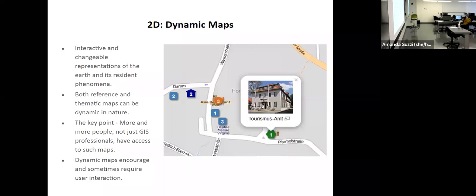I'm not sure if the Boston Marathon uses it, but they'll give you a tag where you can watch a runner and see where they are in a race, which is cool. Lots of other dynamic maps. Think of airline flights, those are dynamic maps. Even the space map that we looked at is a dynamic map, even though it's the atmosphere.